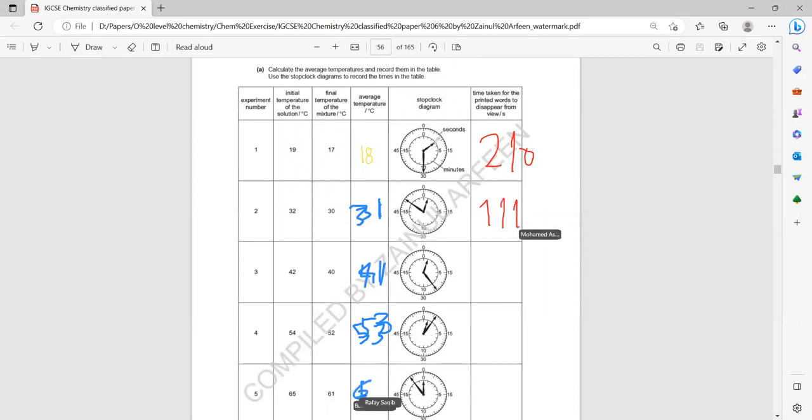And for the time, the inside part is representing the minutes and the outside part is representing the seconds. So you have to use screen annotation to complete.